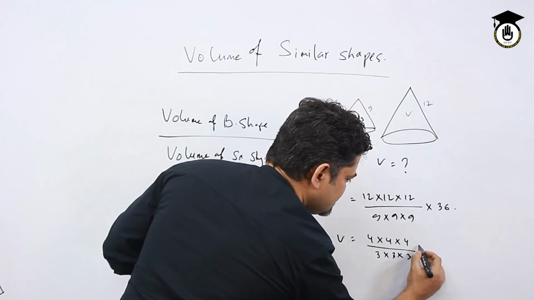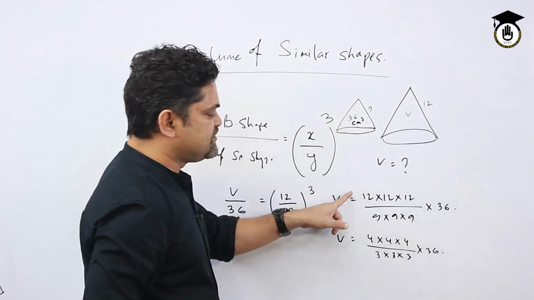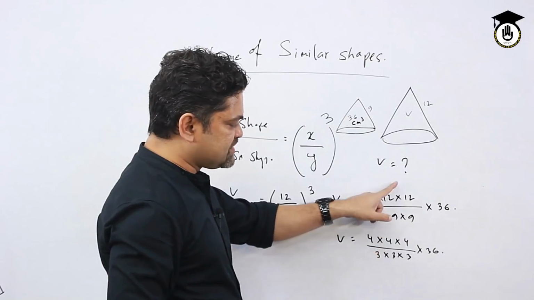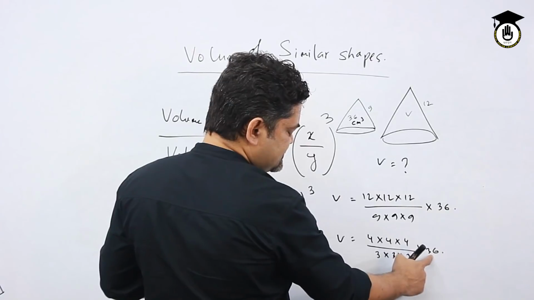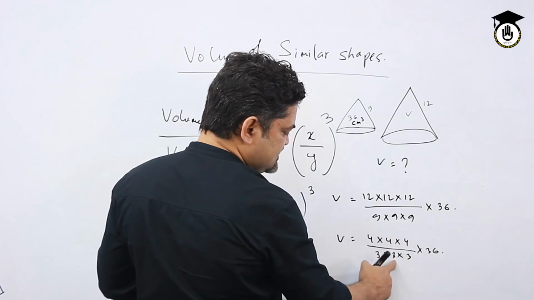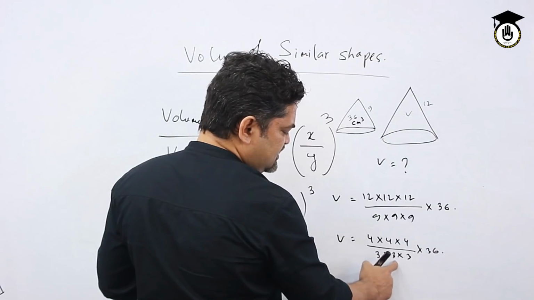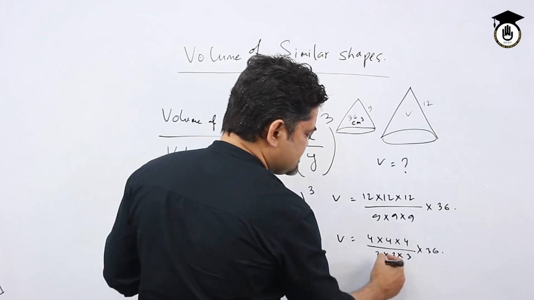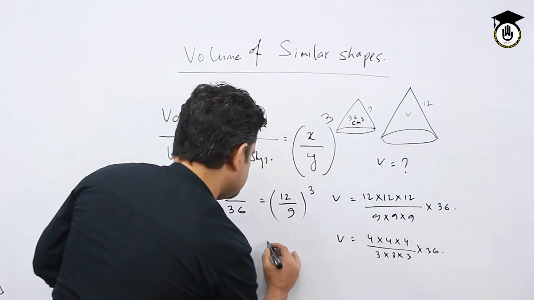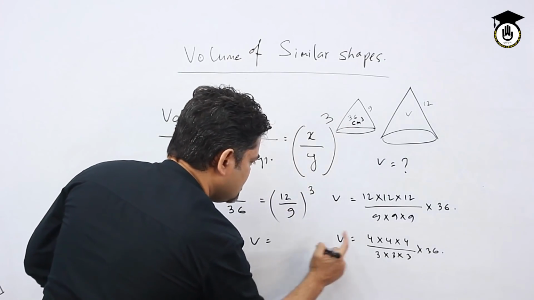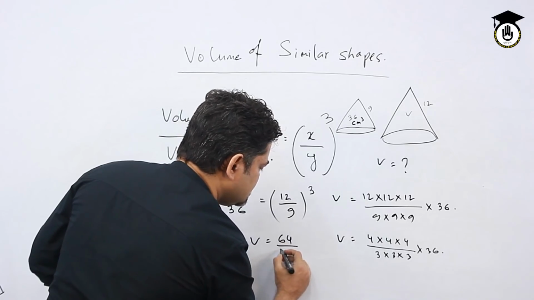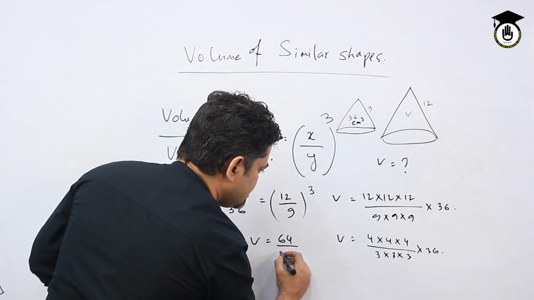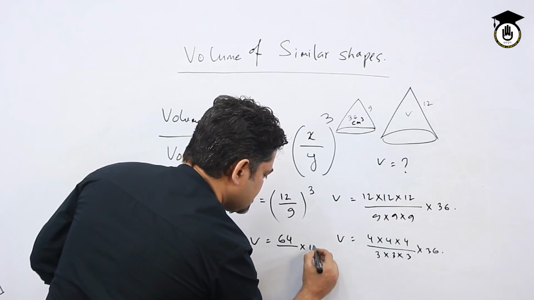That is into 36, because 3 fours are 12 and 3 threes are 9, 3 fours are 12 and 3 threes are 9. I am making it easier for you. Now here it is 36. In the case of 36, if I want to cut it out, 4 fours are 16 and 16 fours are 64, divided by 3 twelves are 36.